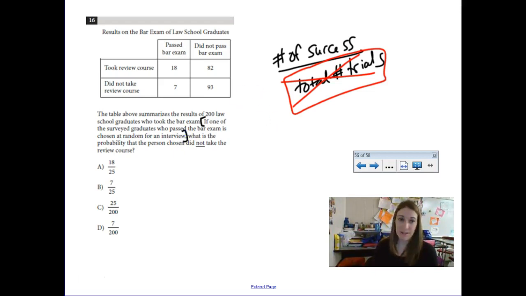So they're claiming that under the condition that you talk to somebody who did pass the bar exam. So if I look at everybody who passed the bar exam, just these two categories right here, that's a total of 25. So that's going to be my denominator. And then out of that data set, what's the probability that the person did not take the review course? That'd be 7 out of the 25. So that's our answer there.